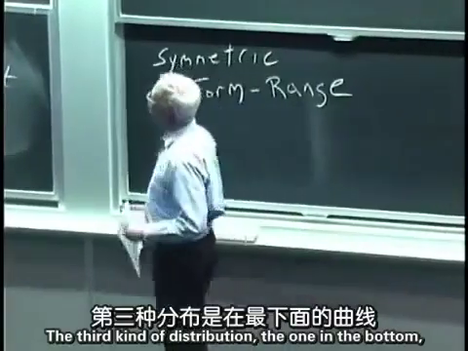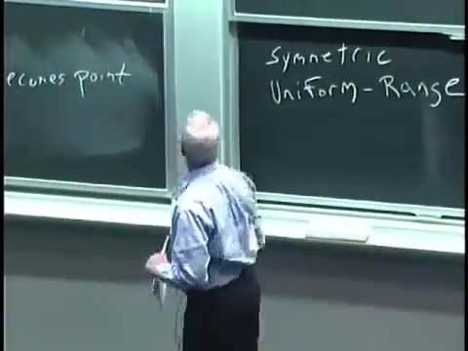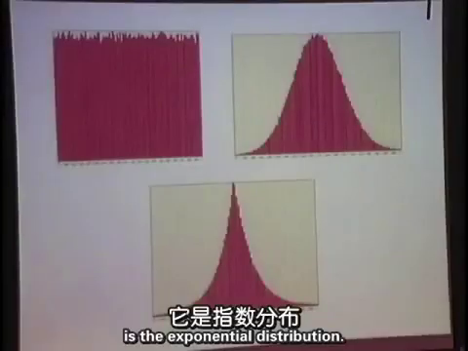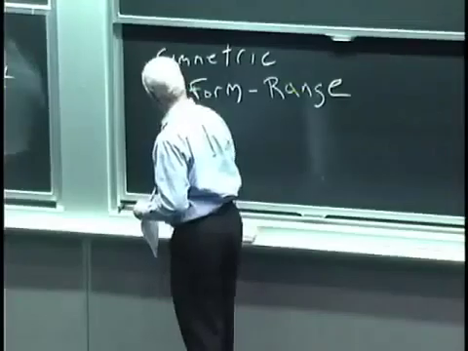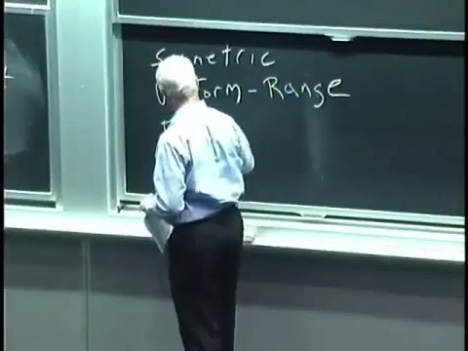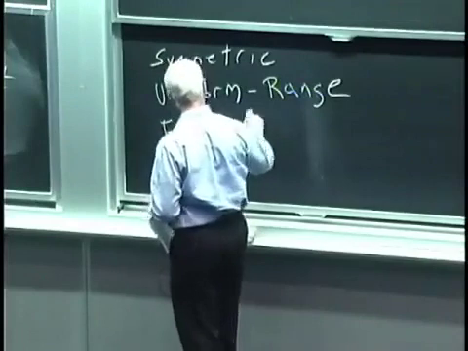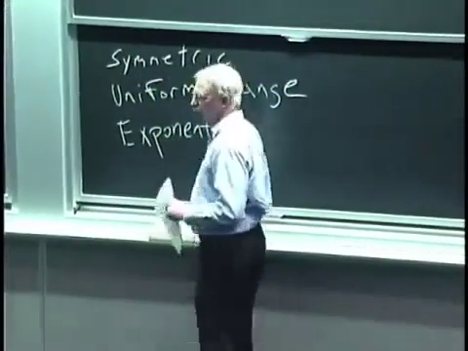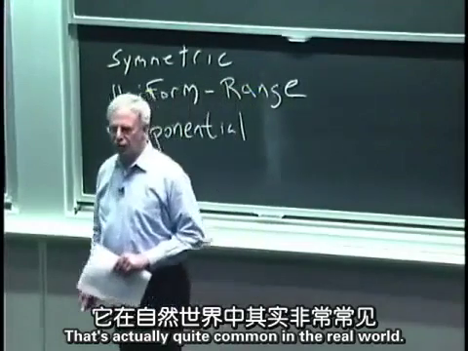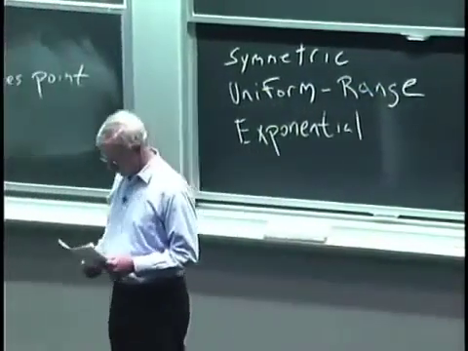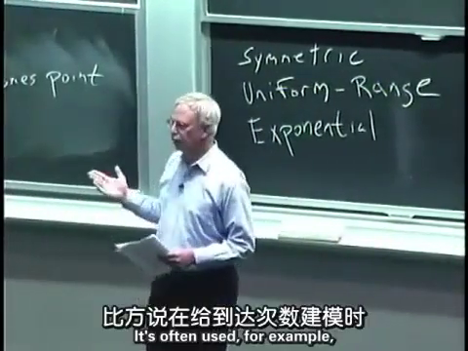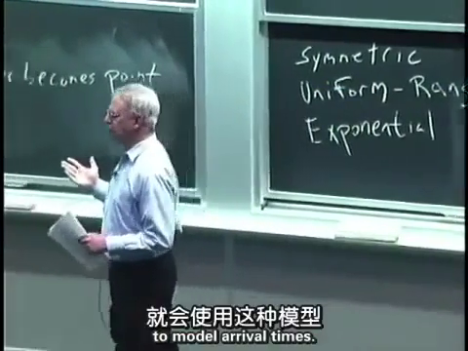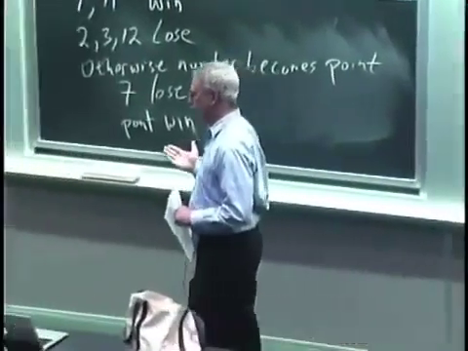The third kind of distribution, the one on the bottom, is the exponential distribution. That's actually quite common in the real world. It's often used, for example, to model inter-arrival times.